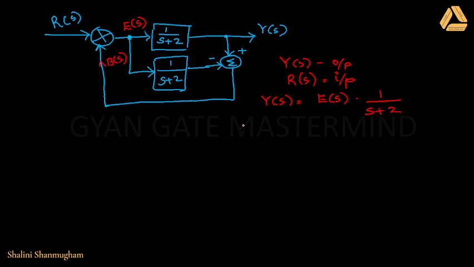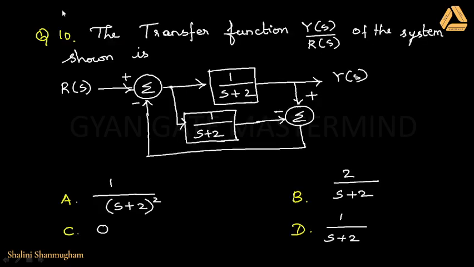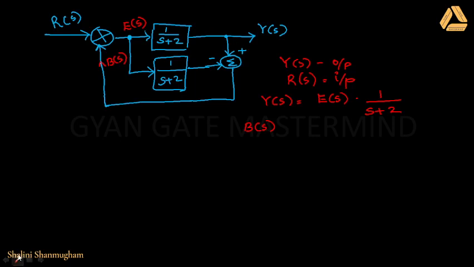and B of s can be, this is plus symbol and this is minus. So B of s is nothing but, see that the signal flowing here is Y of s, the output signal.